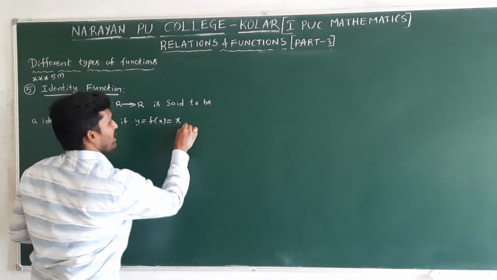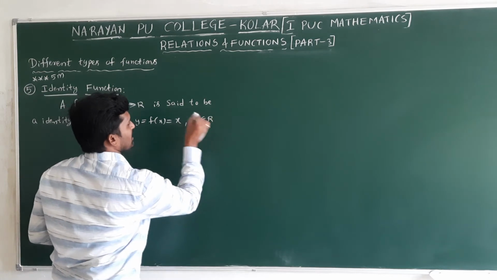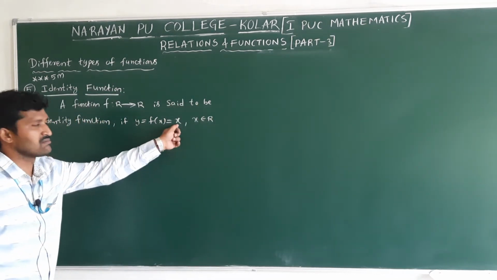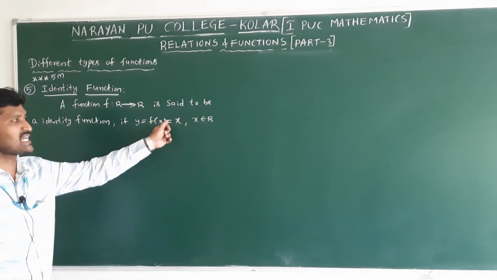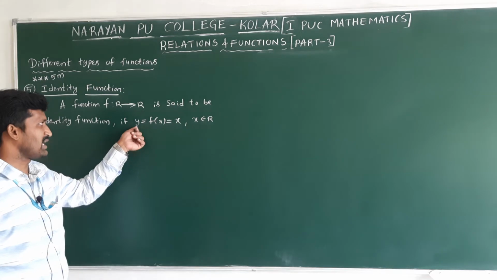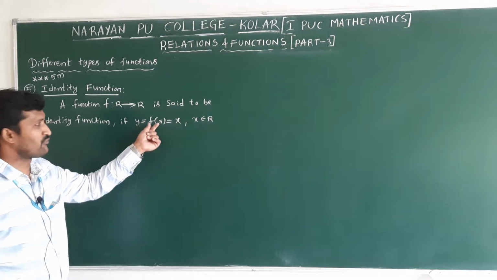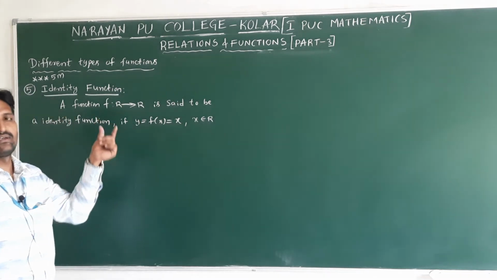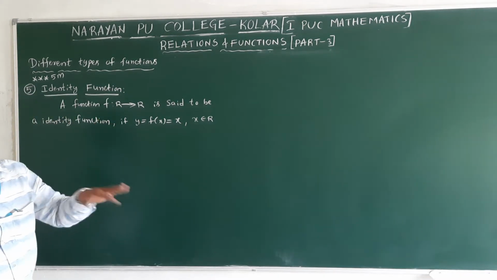X, where x belongs to real numbers. This is the identity function general form. This is the standard form of identity function. Y means, already I said, y in terms of x. Then function of x, we'll write like this. It is equal to what here? X, where x belongs to real numbers.